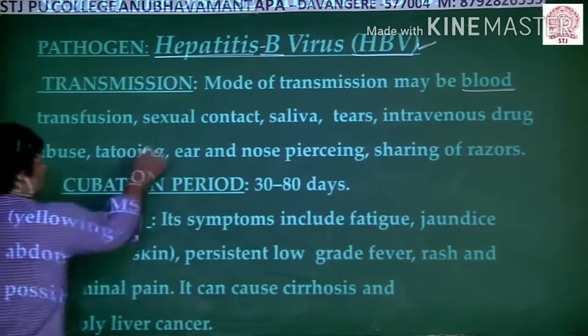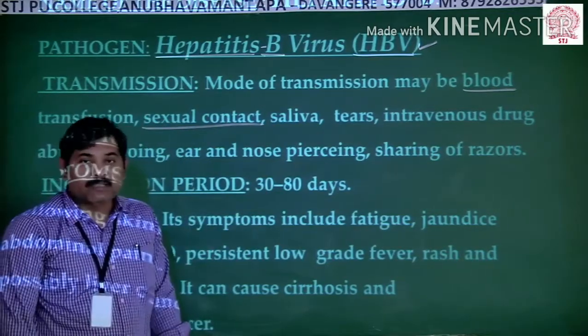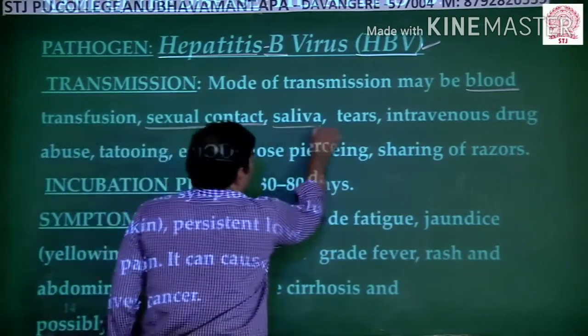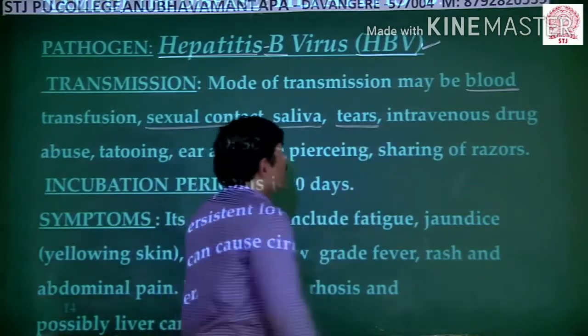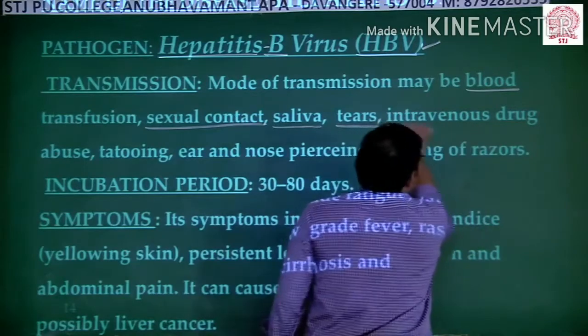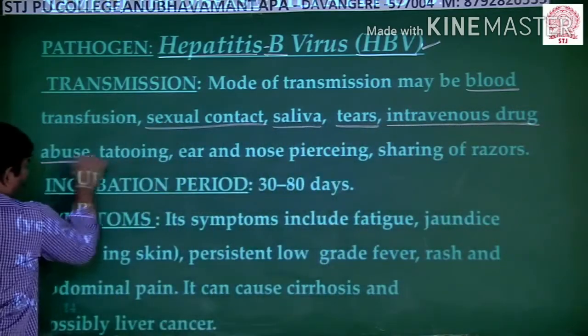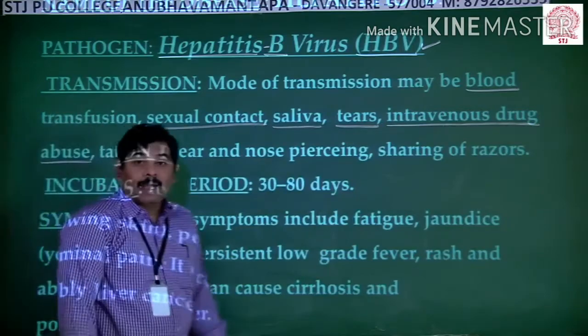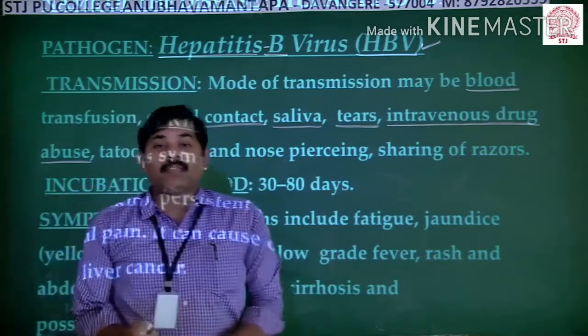Thereafter, sexual contact is very common, as we have been studying since the beginning of this lesson. Thereafter, the saliva of the infected person, and tears of the infected person. Thereafter, misusing intravenous drugs, abusing. What does it mean? Some drug addicts take drugs with the help of injections.